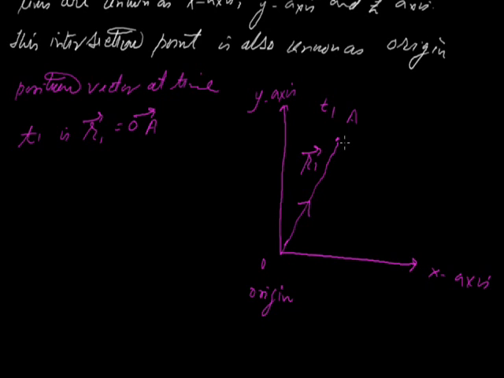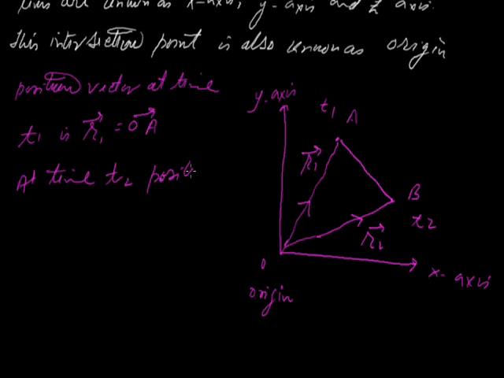So this particle is moving and reaches point B at time t2. Then the position vector will change. At time t2, the position vector will be r2, that is OB.